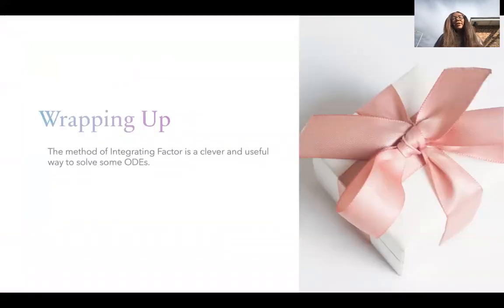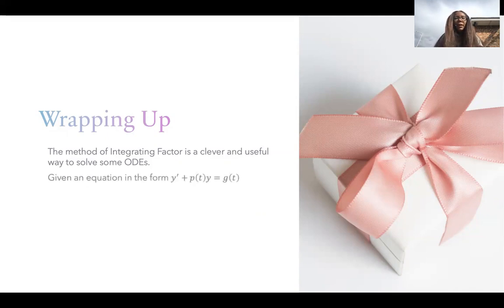So the method of integrating factors is super clever, right? To look at that and say, wait, this looks like a product rule, and then figure out what function we can multiply it by, and saying, oh, but we've got to have that integral in the exponent, is really a lot of clever steps that turns into this super easy process that we can use to solve these types of problems.